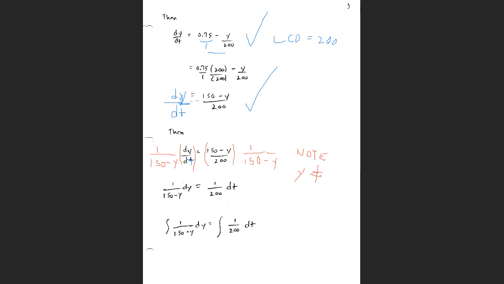There's a reason for that. Practically speaking, we'll talk about that at the end. But then what I'm going to get is this differential equation: 1 over 150 minus y dy equals 1 over 200 dt.